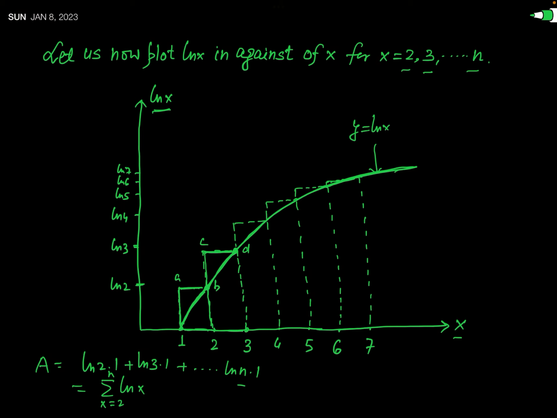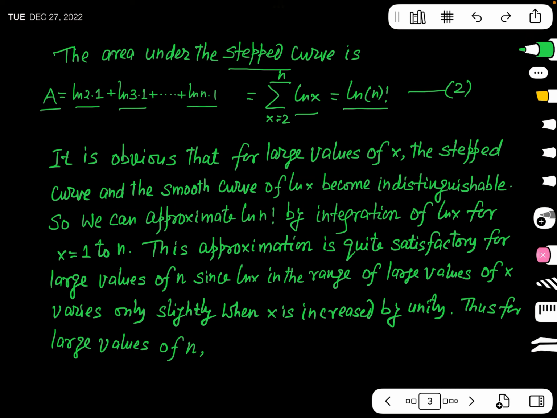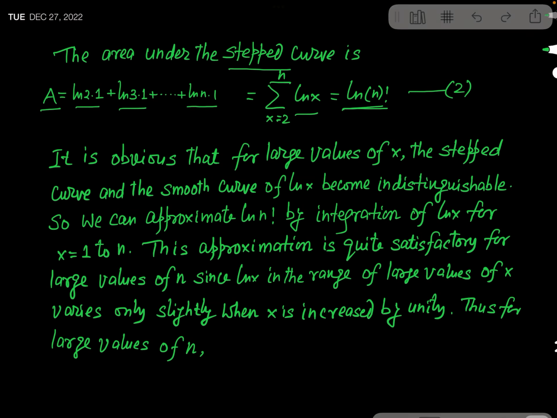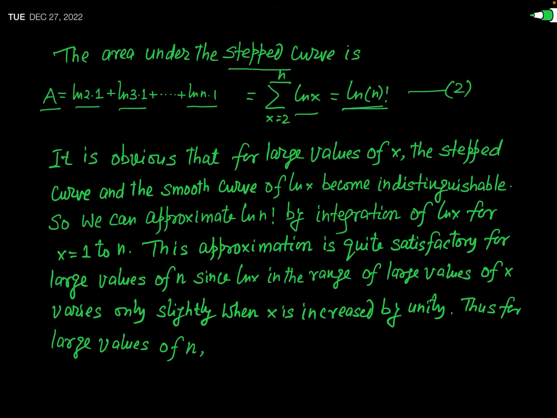Okay, and so we can approximate this ln n factorial by the integration of ln x instead of summation, because you know in the case of a continuous function the summation becomes integration. So you can see here this log n factorial is equal to the summation over x from 2 to n of ln x.